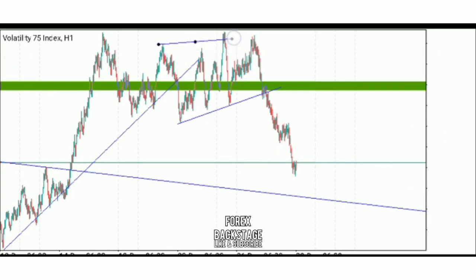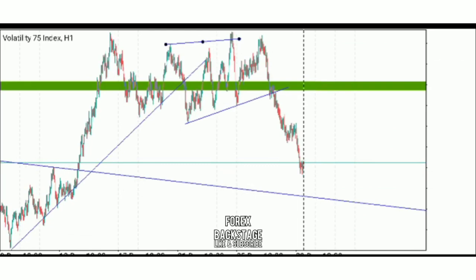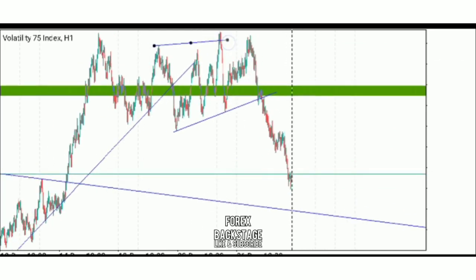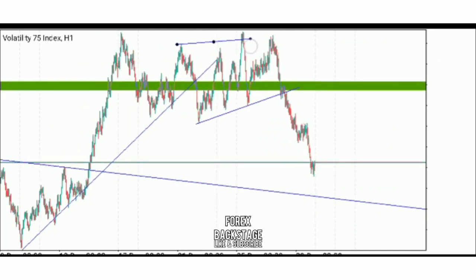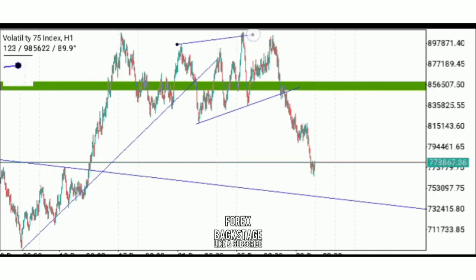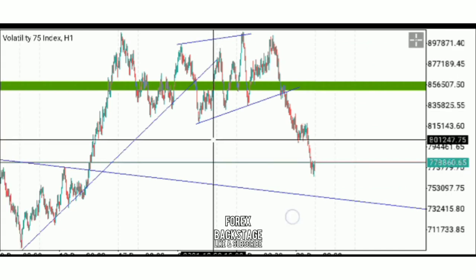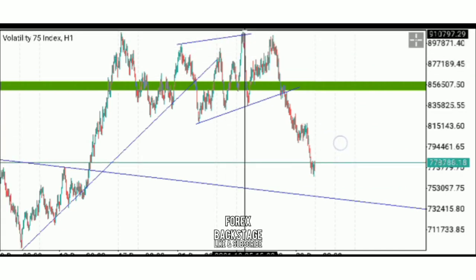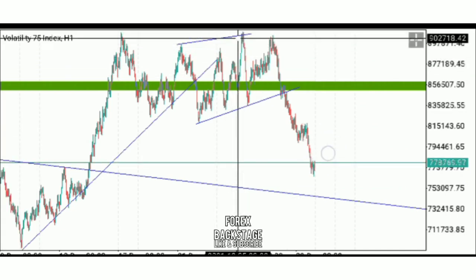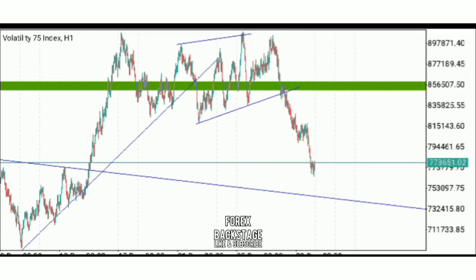We have a corrective movement here. This is our corrective movement. It's not well drawn, but you have to understand that it has to be above this price here. I've left it like this just to save time.